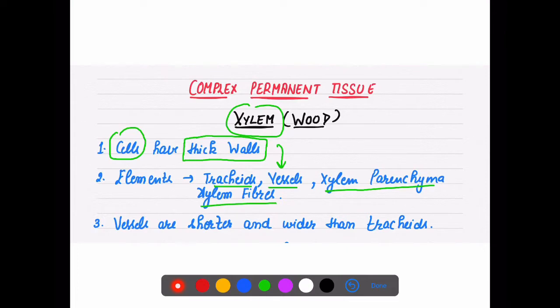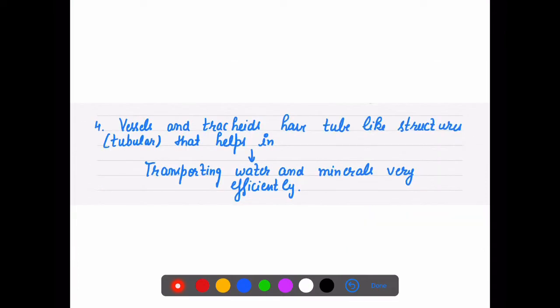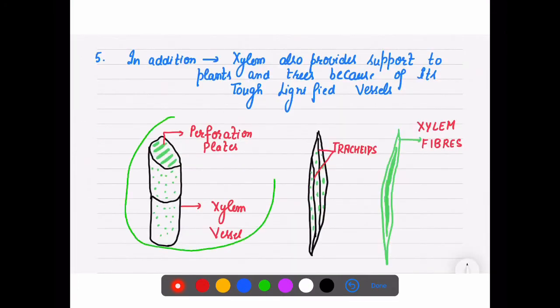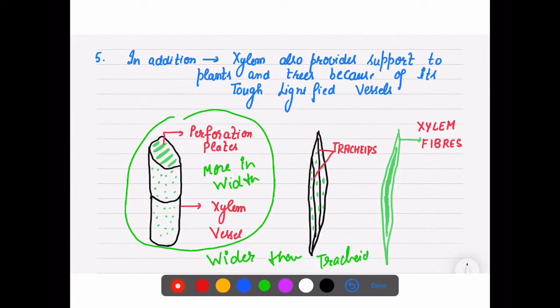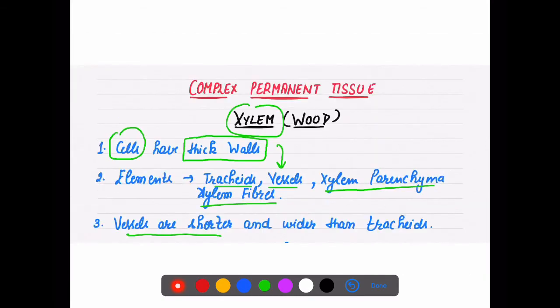If we look at the structure of vessels, vessels are a little shorter and they are more in width. So xylem vessels are wider than tracheids. As you can see, tracheids are a tubular or elongated structure and less wide as compared to the xylem vessel.